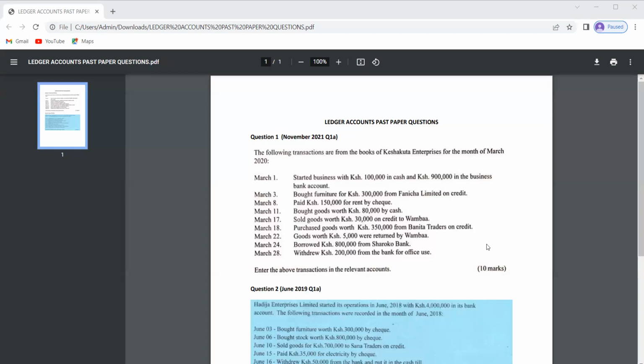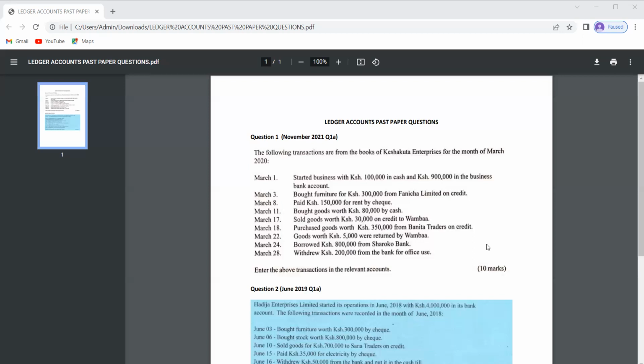Somebody to say, I can try. I can try, Mwalimu. Yes, go ahead. So I started business with 100,000 in cash. Yes. So the capital account, we credit it with 100,000. Yes.